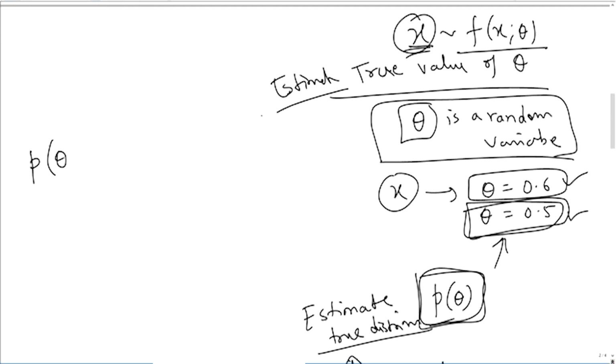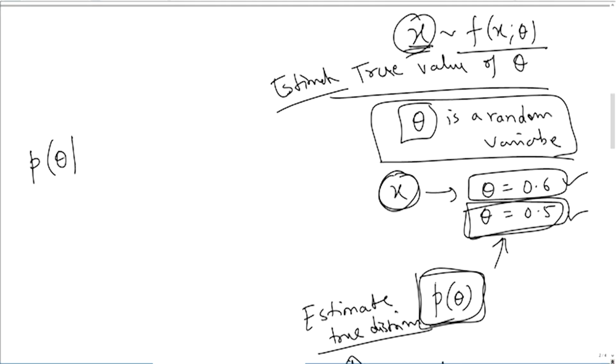We want to estimate what is the true distribution of theta given that you have observed this data x. If you would observe some different data, let's say y, then the distribution could look slightly different, right? So we are retrieving information from this data to infer the true distribution of theta.